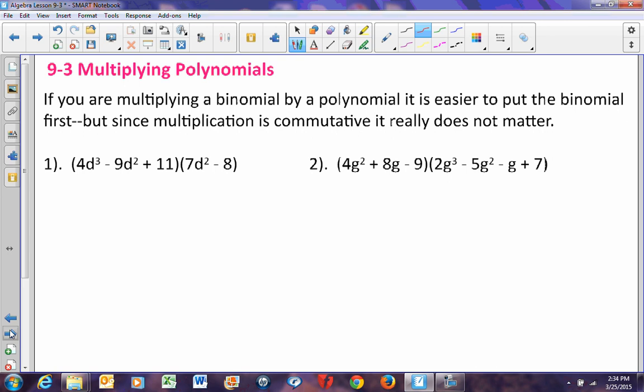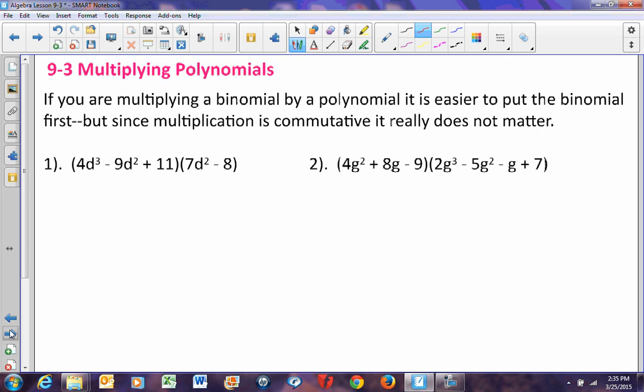If you're multiplying a binomial and a polynomial, sometimes it's easier to put the binomial first, but since multiplication is commutative, it really does not matter. The reason being, if I had this problem right here, number 1, 4b to the third minus 9b squared plus 11, and I'm going to multiply that by 7b squared minus 8, I would prefer to only have to write out plus and minus signs once.